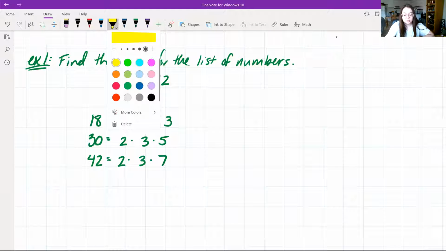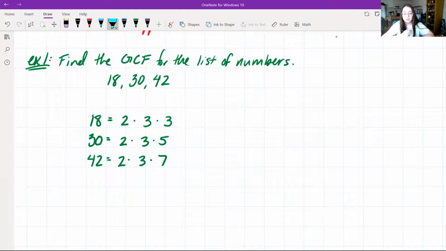The thing that we want to notice in this case is that there is a 2 in each one of our numbers. So 2 is a common factor, but we also have 3, and 3 is found in each one of these prime factorizations as well.